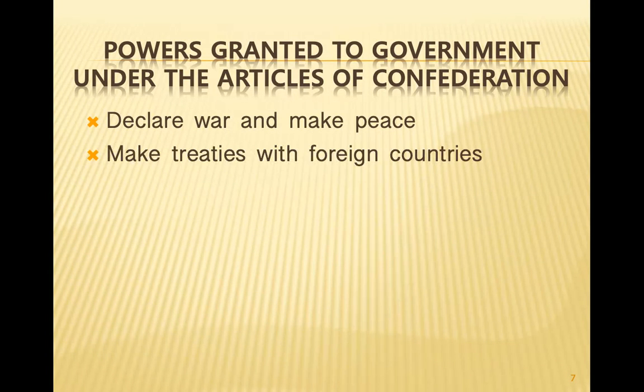And they really wanted to make a treaty with these foreign nations, as well as gain support from any other foreign nation, most notably from France. Hence the reason why they sent Ben Franklin over to try to gain support from France in the war effort.